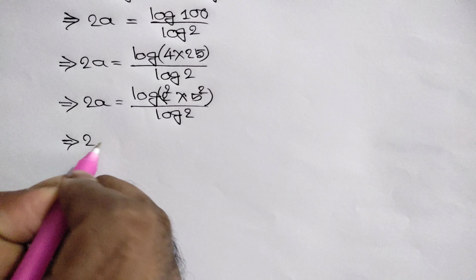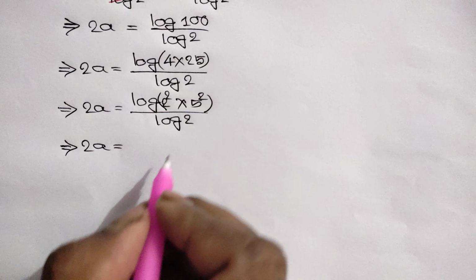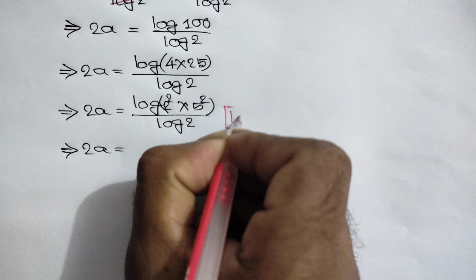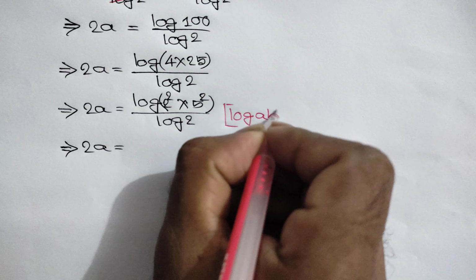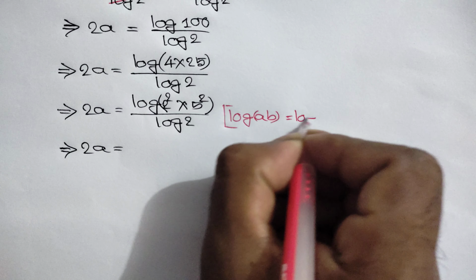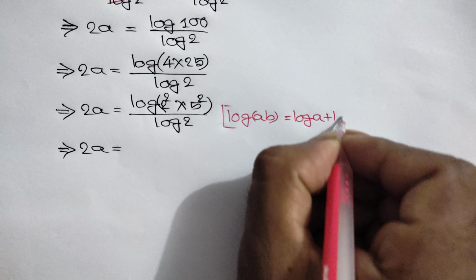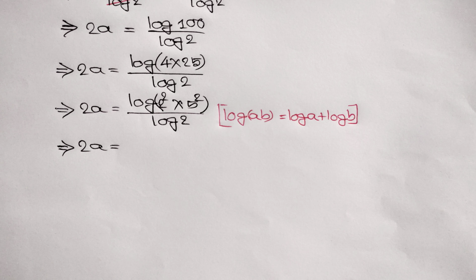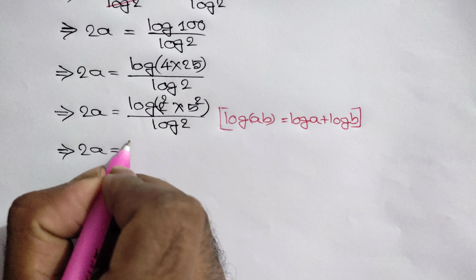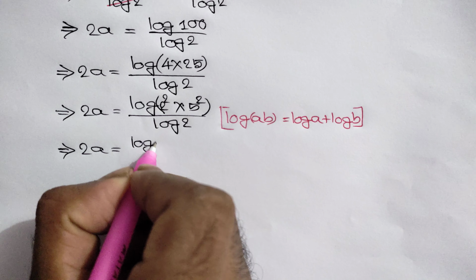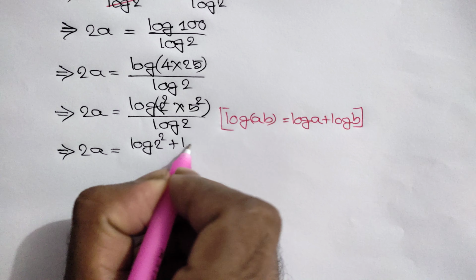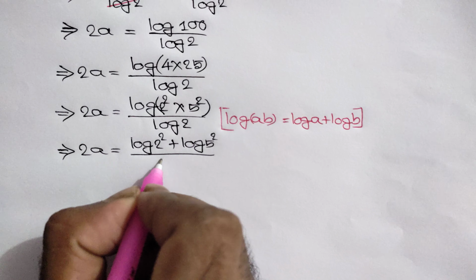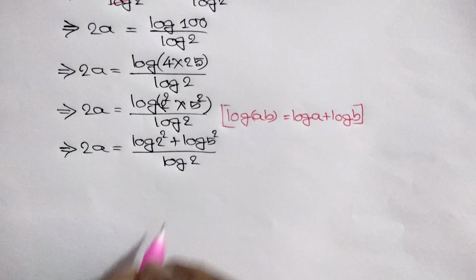Now here we can use the logarithm formula: log of ab is equal to log of a plus log of b. Now apply this formula. Here we can write log of 2 square plus log of 5 square over log of 2.